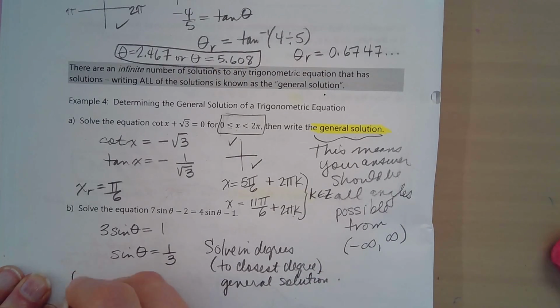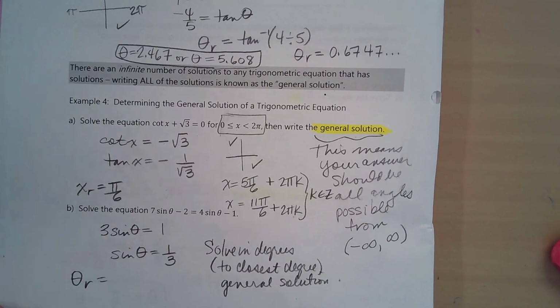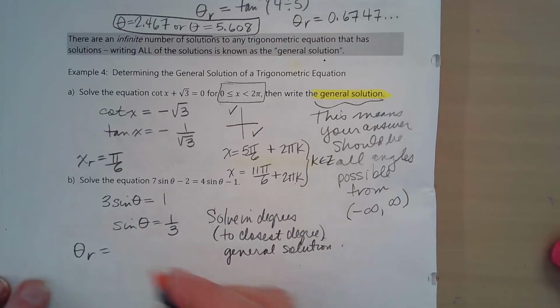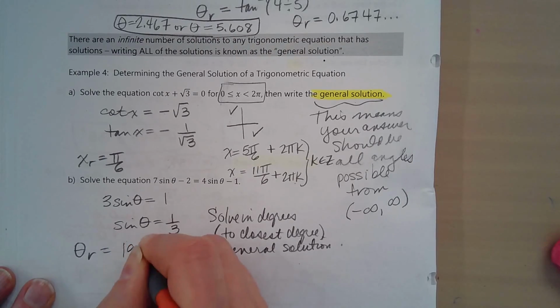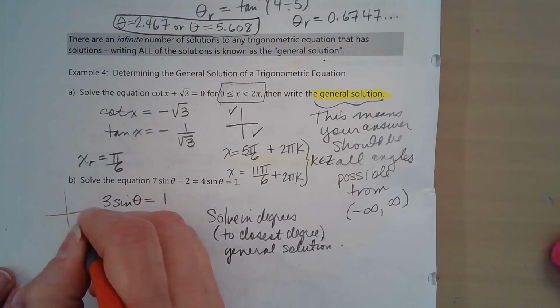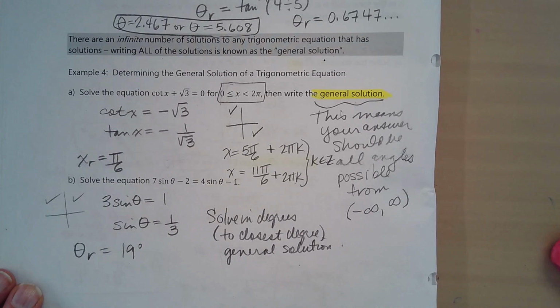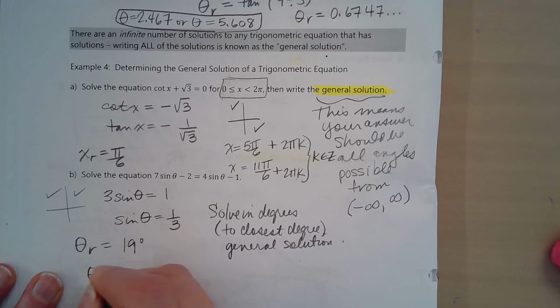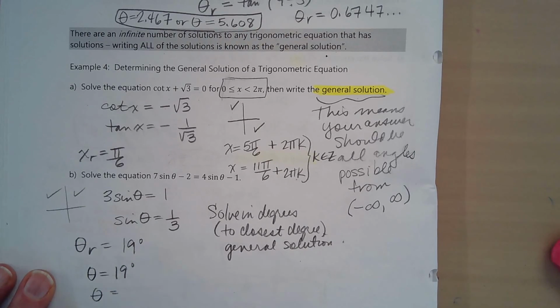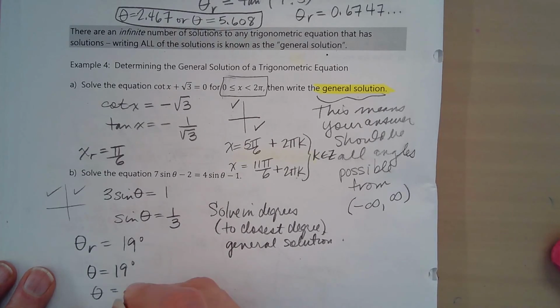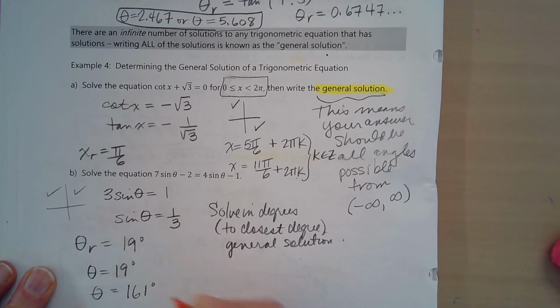Okay, so my reference angle is going to be, what'd you get for reference angle? 19. Perfect. Okay, sine is positive, so that's going to be quadrant 1 and 2. So my first answer is just 19. Got lucky there as well. And then second angle, 161, perfect.